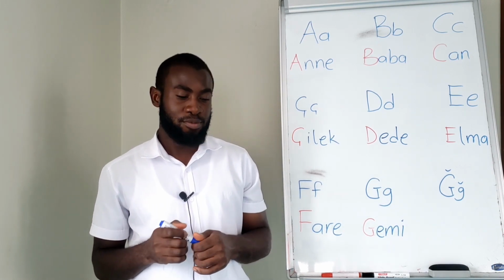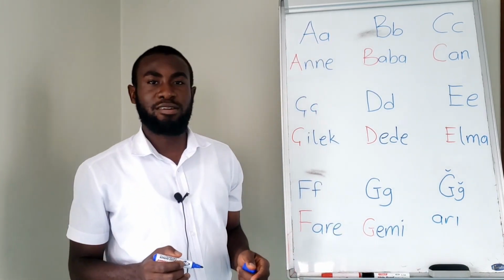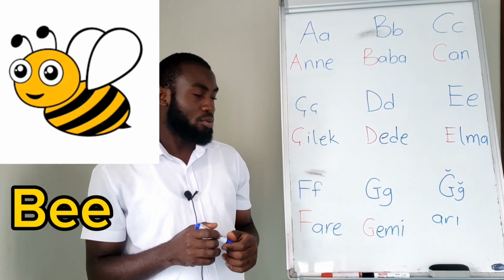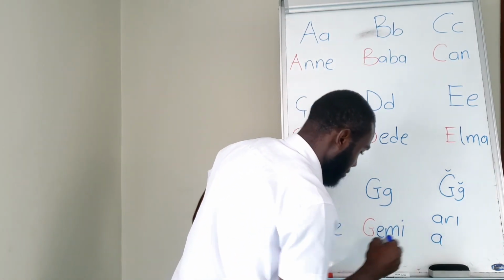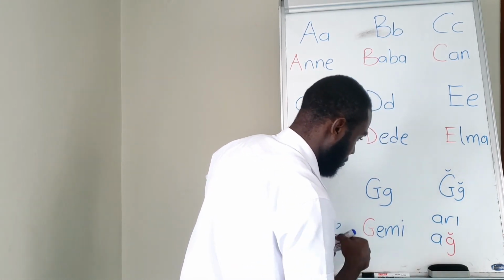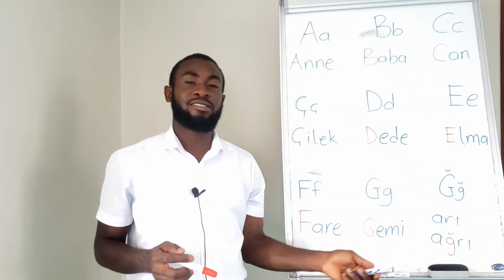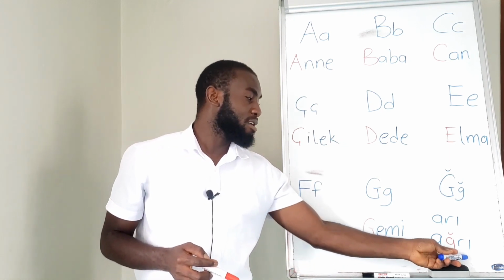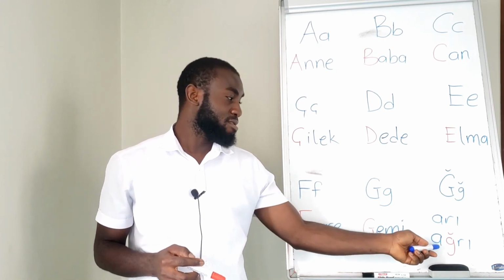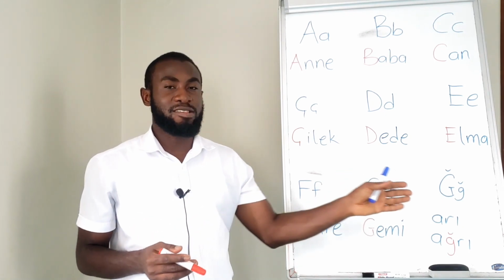So, for example, this word is pronounced as aaa, which means pain. That is how yumuşak ge works.